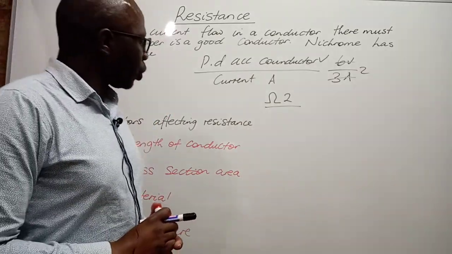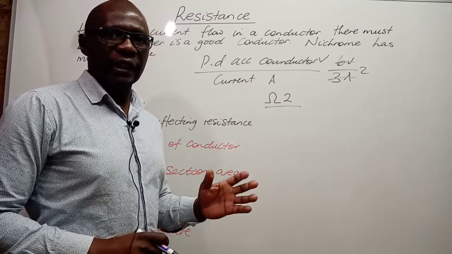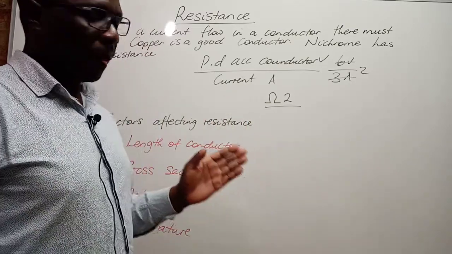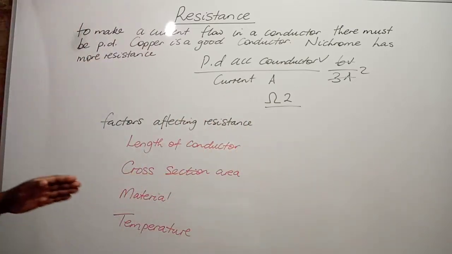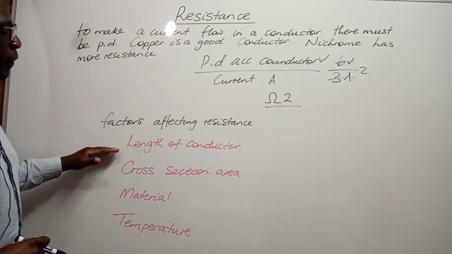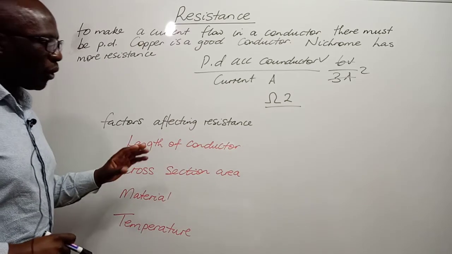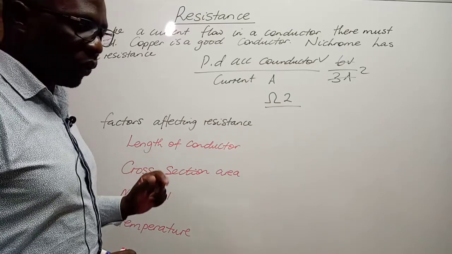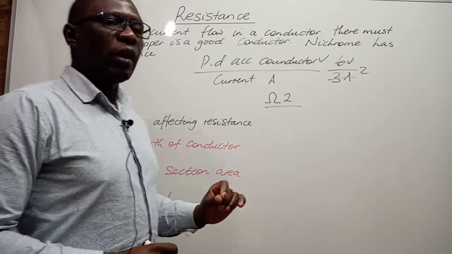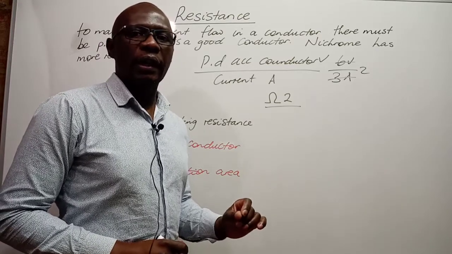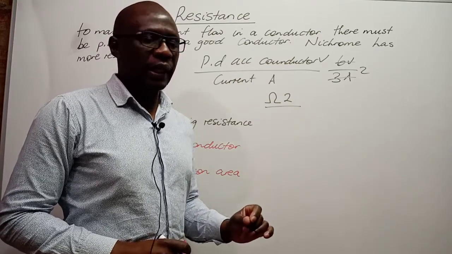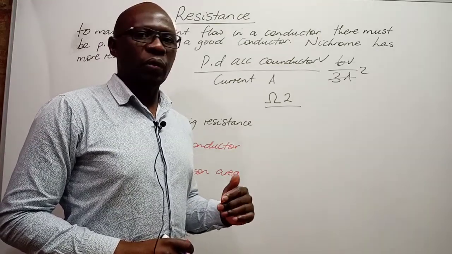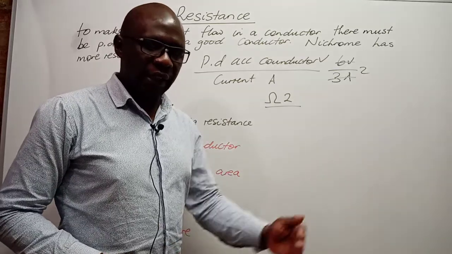Let's go on to look at factors that affect resistance. The first factor is the length of the conductor. The longer the wire, the more the resistance. This is the same thing as traveling a distance.